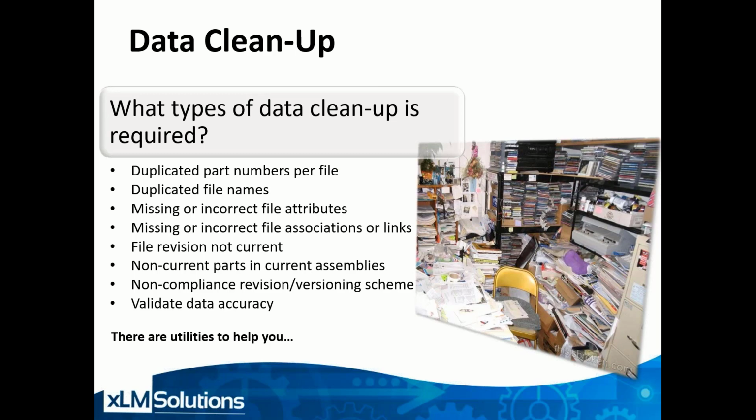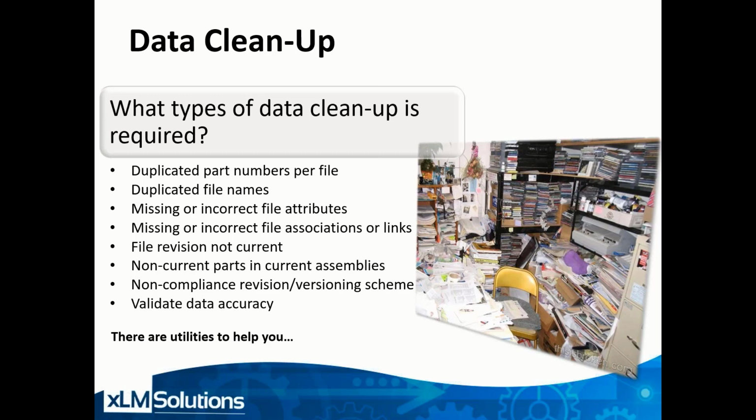We've seen with SOLIDWORKS data, washer1.sldprt 10 different times in a system. Do all 10 of them represent the same washer, or are they all 10 different separate washers that should have different part numbers? So that's another common scenario.